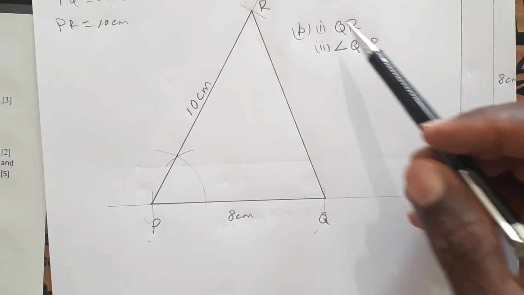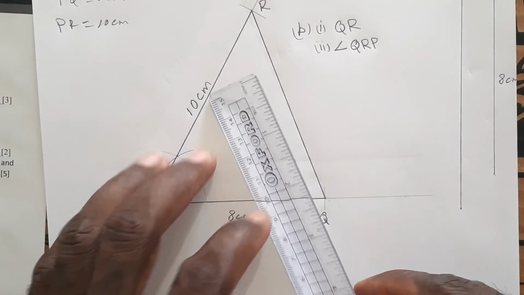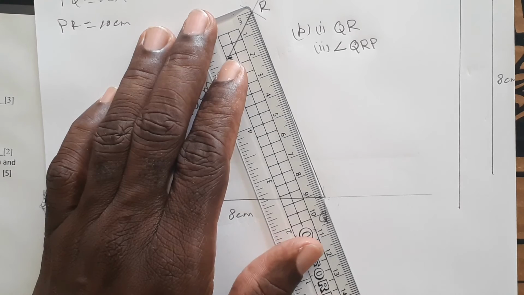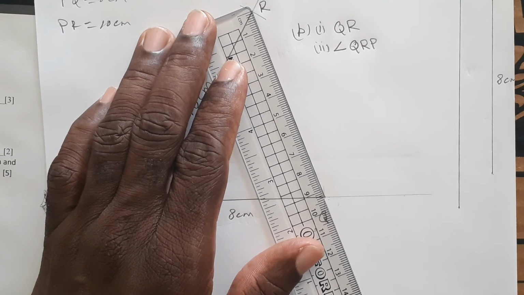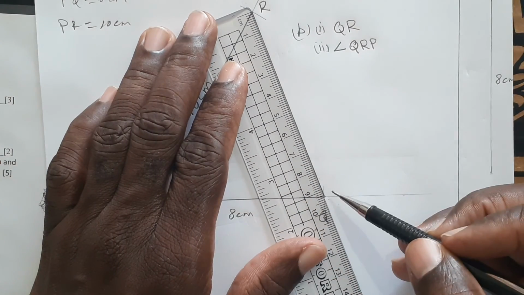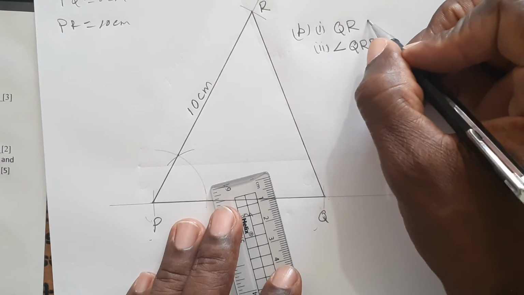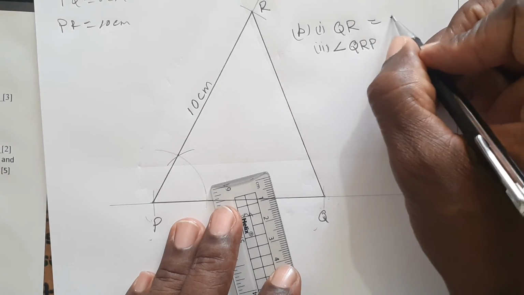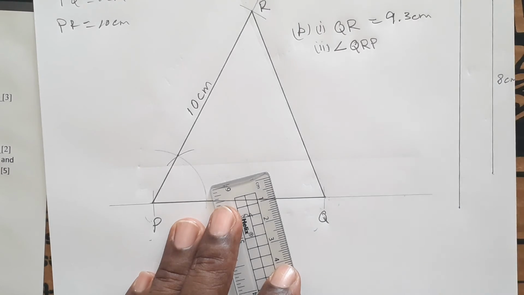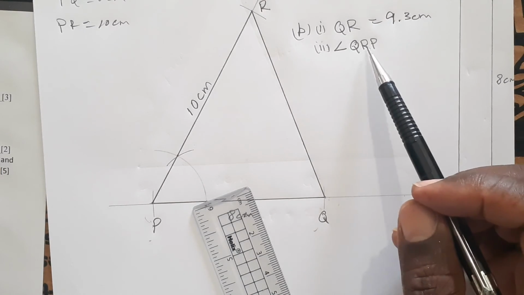So QR, which is the length of this line here, you measure, take your ruler. Just don't estimate or average. Take your ruler and measure to see how long that line is. I have here approximately 9.3, so I'm saying QR equals 9.3 centimeters.